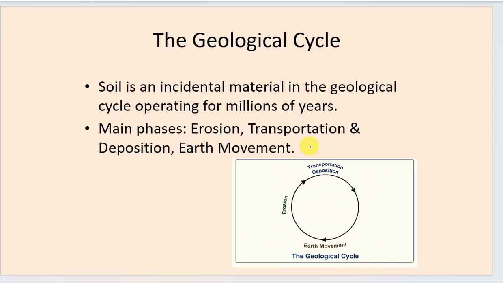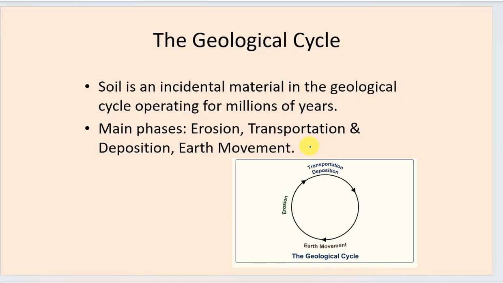In this cycle, rocks gradually break down, move from one place to another, and finally get deposited to form the soil. The geological cycle mainly has three phases, as we can see in this diagram also. These three phases are erosion, transportation, and deposition, earth movement.